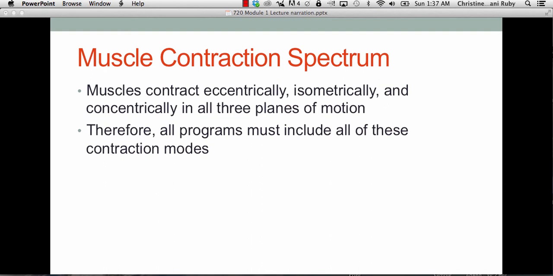Isometric contractions are when the muscle does not change length, and concentric contractions are when the muscle is shortening. These happen in all three planes of motion for all muscles. So therefore, all of our programs that we create for clients must include all of these types of contractions in the program, not just concentric contractions, but also isometric and also eccentric.